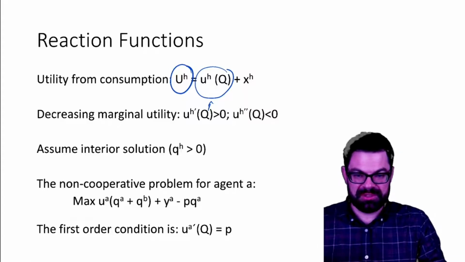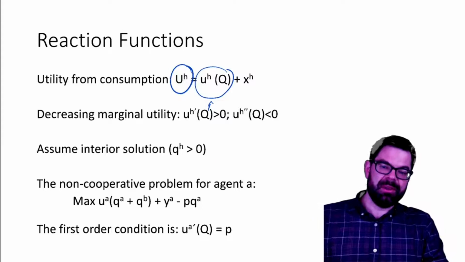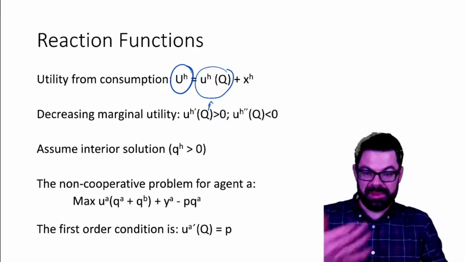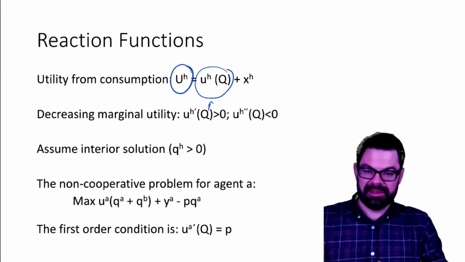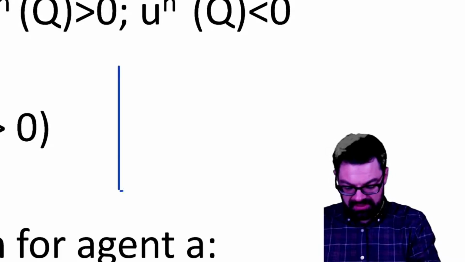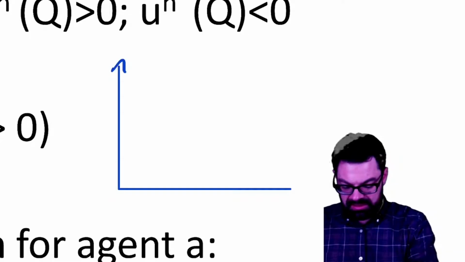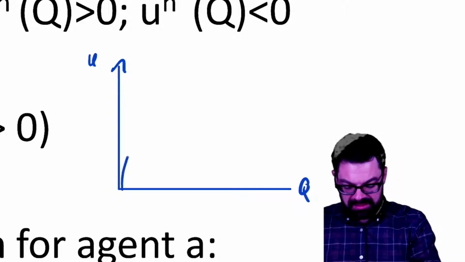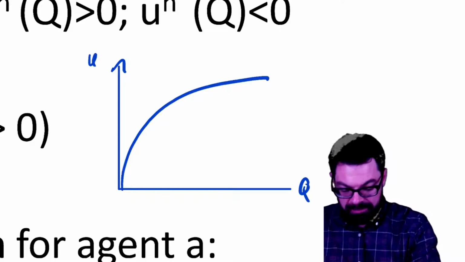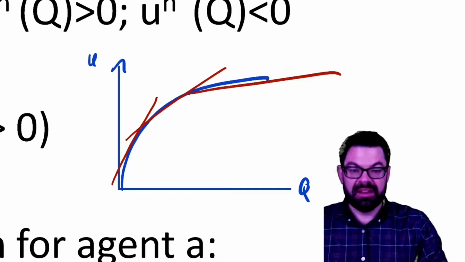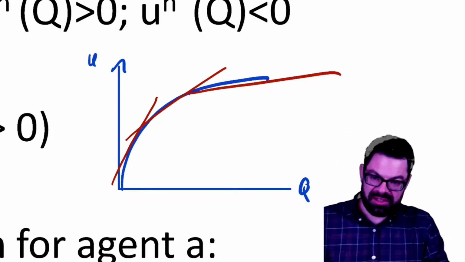What we assume, first of all, is that the first derivative is positive, as in the more of the public good is provided, the better, but there is decreasing marginal utility. What this means is the following. We've had this in one of the previous videos, namely that if you have the utility here and Q here, you have something like that, whereby the slope of that curve decreases as Q increases.